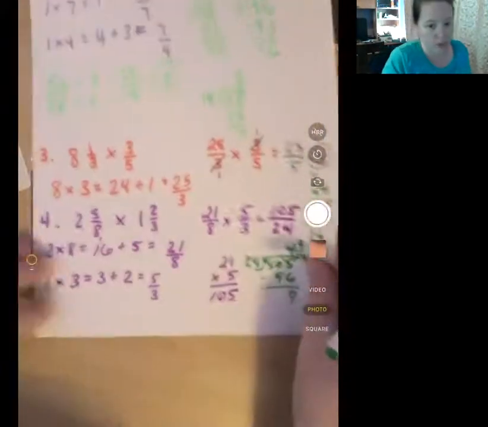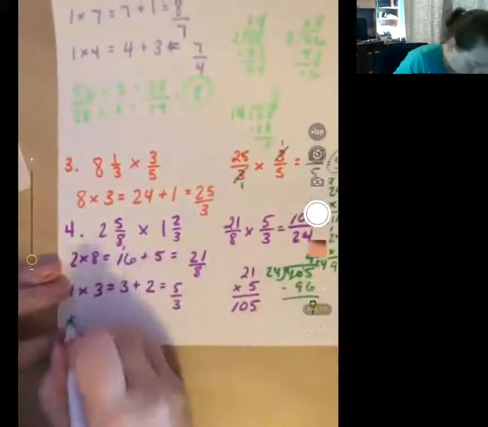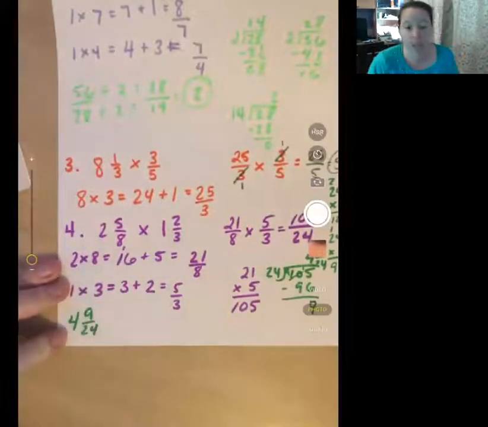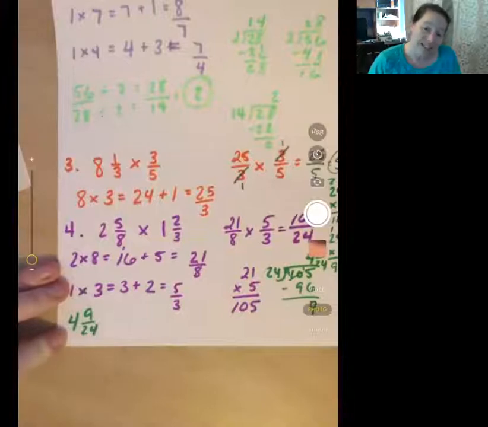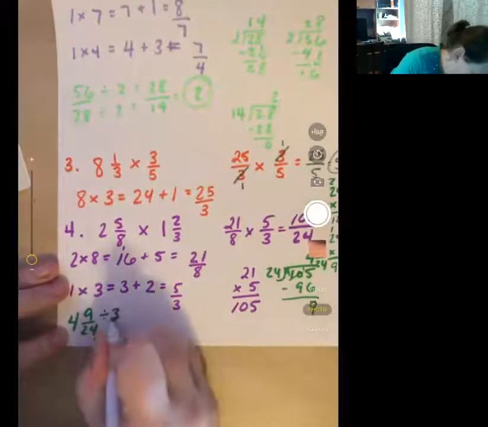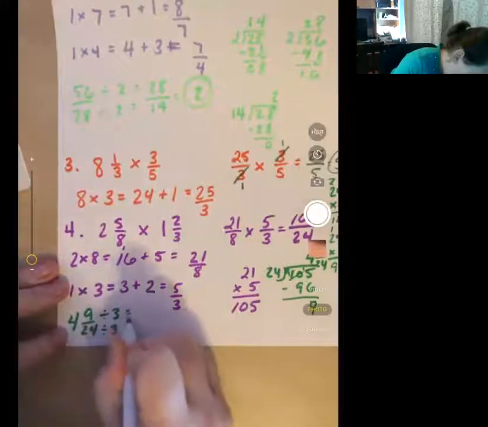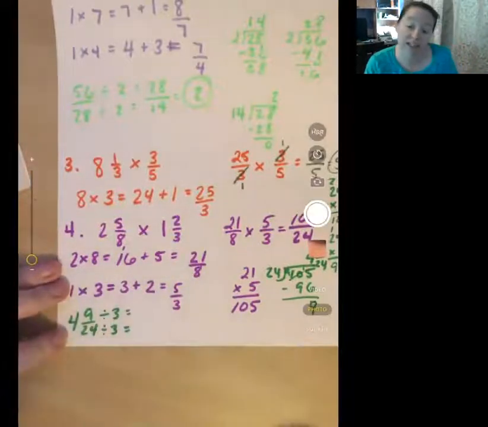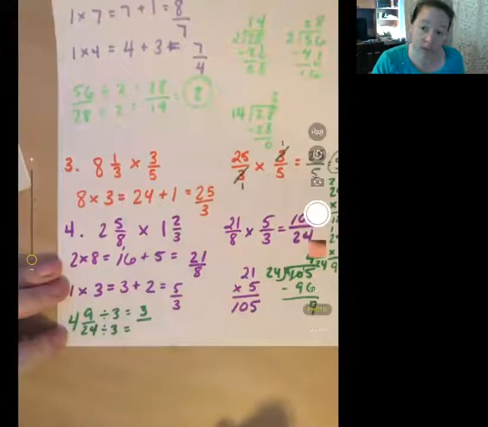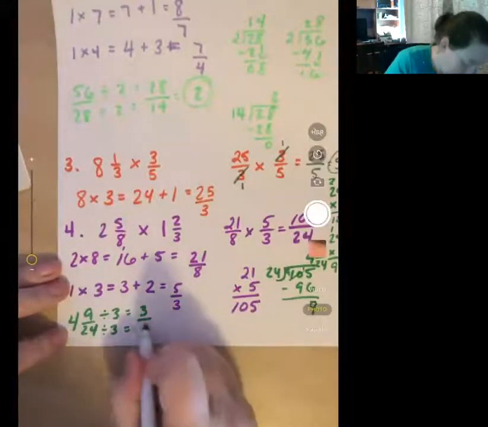Let me rewrite it over here. 4 and 9/24. I can take a 3 out of both of those. 9 divided by 3 is 3. 24 divided by 3 is 8.